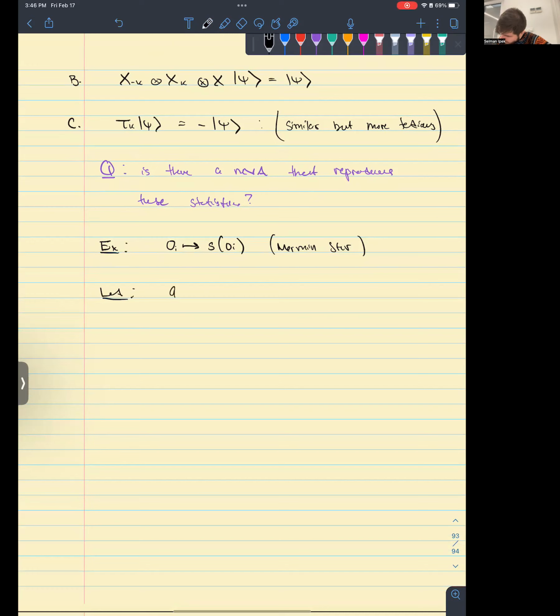Let AK, or similarly BK, be the outcome when xk1 or respectively xk2 are measured.